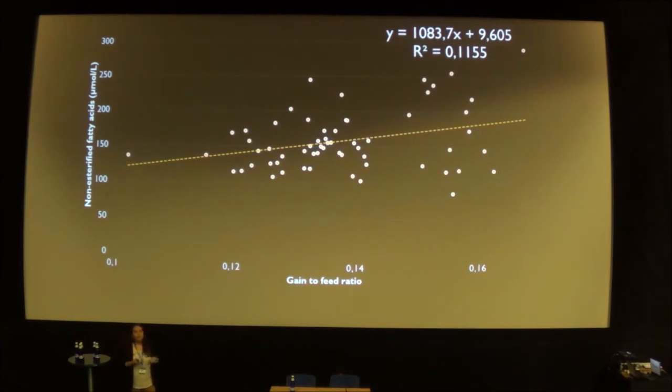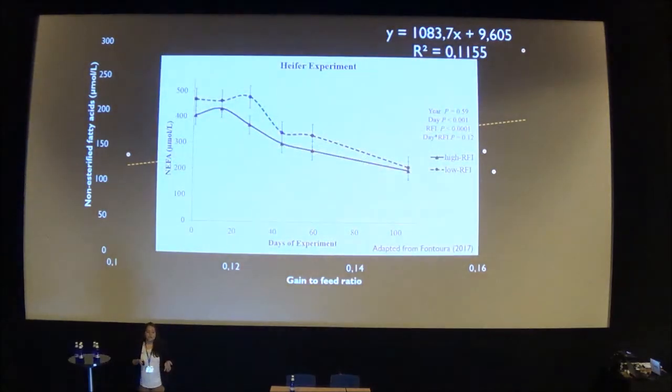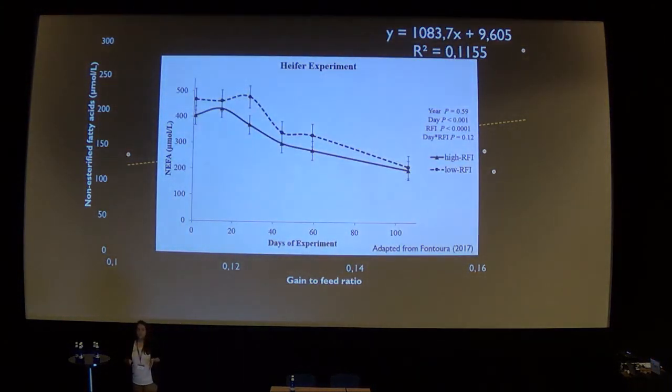And if we think in the context of growing animals, this is a very interesting result, since a higher availability of NEFAs in growing animals may be representing a higher energy delivery to peripheral tissues. And just to contrast with the previous study we conducted, we also saw that efficient heifers measured through RFI presented consistently higher concentration of NEFA throughout the experiment, which could further support that hypothesis.